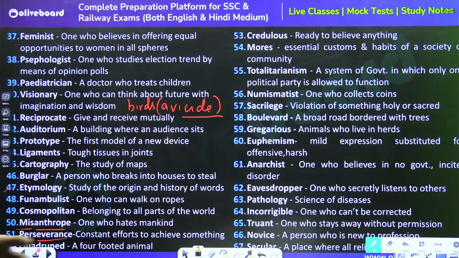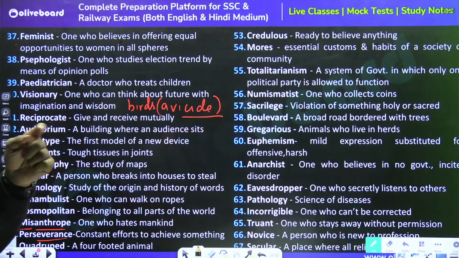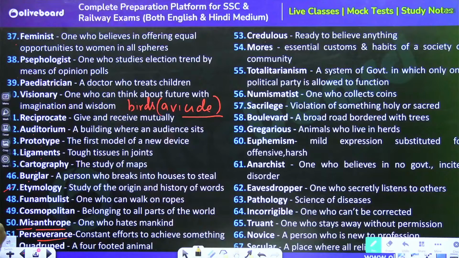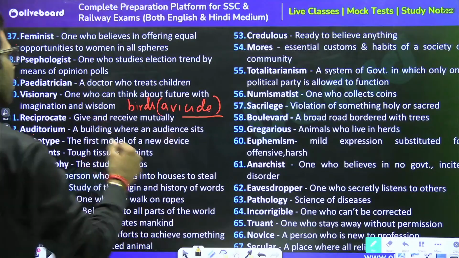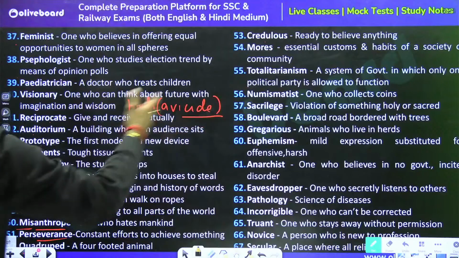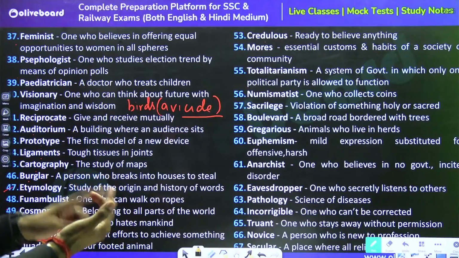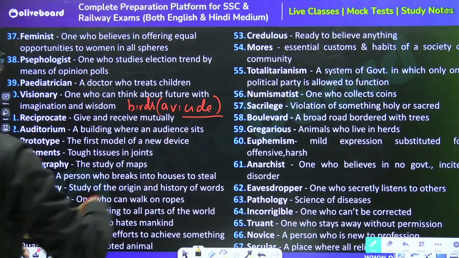You have got the lottery. We are crediting 1 lakh rupees in your account. Please give me the OTP. If you are credulous enough, you will give the OTP. You shouldn't believe everything you hear. That is supposed to be credulous. Gullible. Mores: fixed norms, we can say, customs, rituals are supposed to be mores.